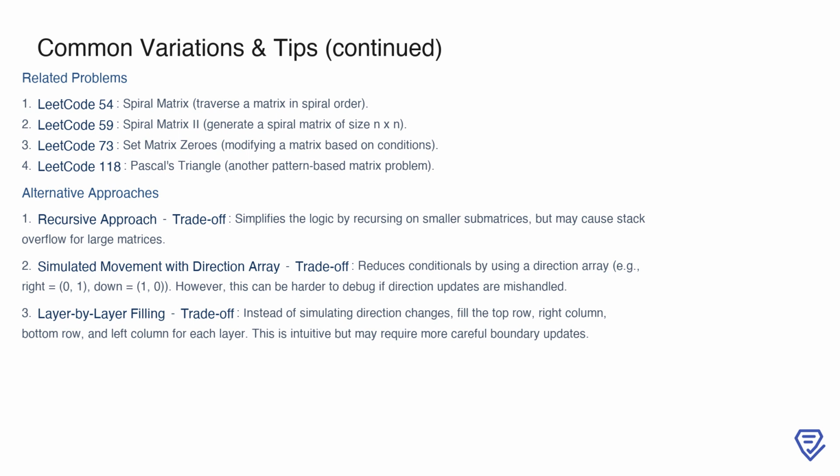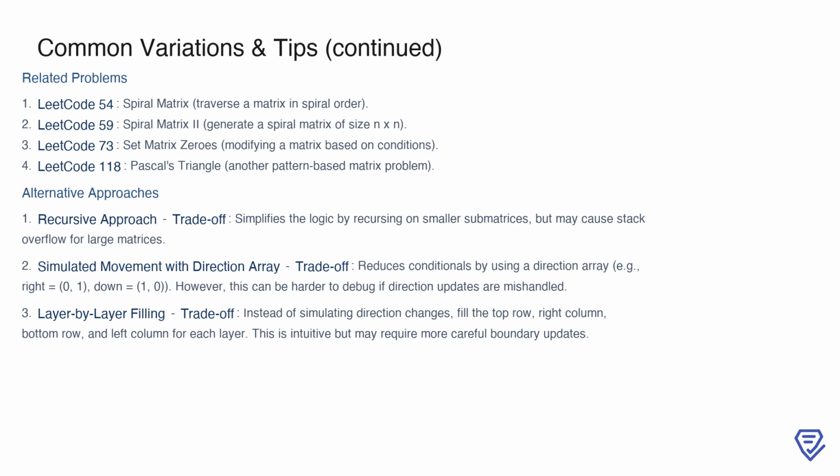There are also alternative approaches to solving spiral matrix problems. A recursive approach simplifies the logic by focusing on smaller submatrices, but it comes with the trade-off of potential stack overflow for very large matrices. Another method involves simulating movement using a direction array, such as right being represented by 0, 1, and down by 1, 0.